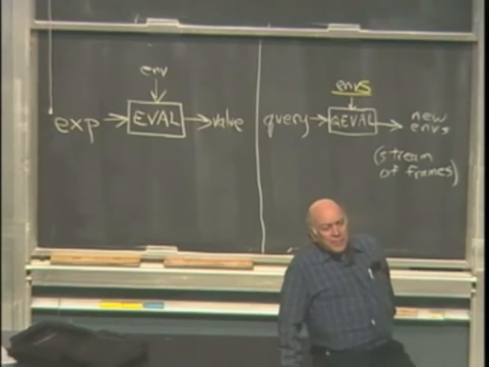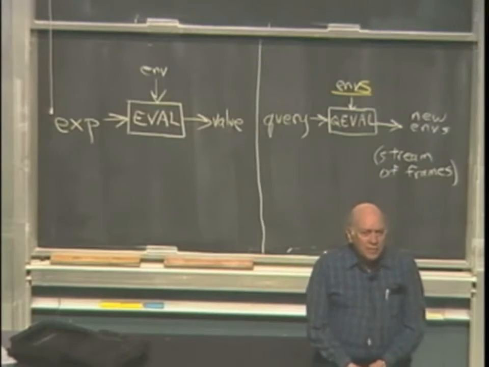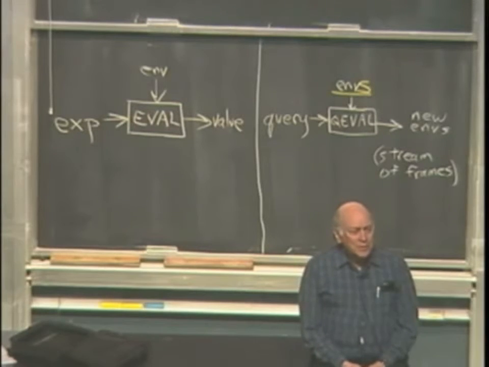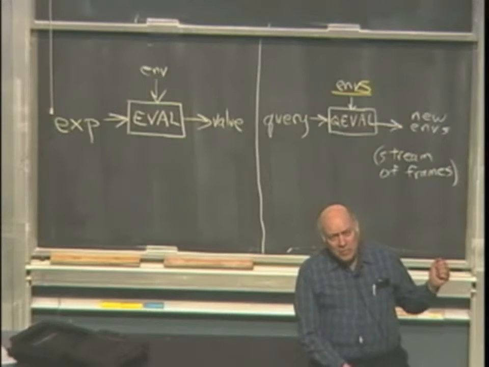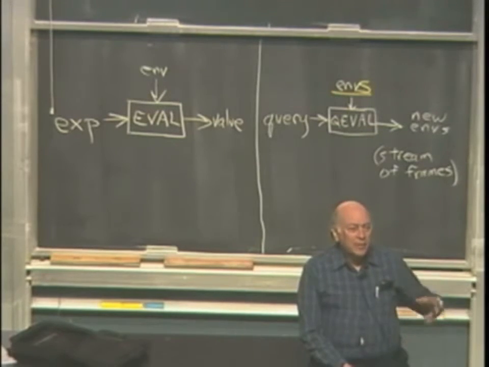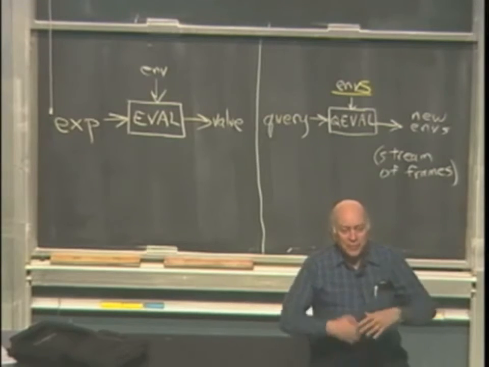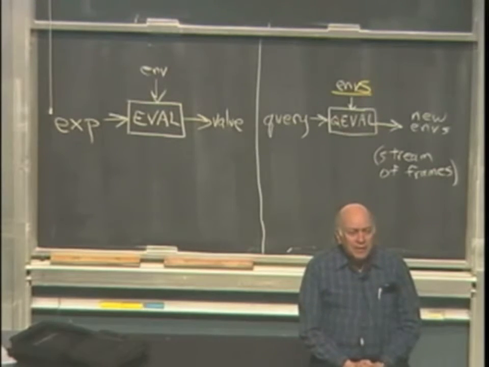The second thing that can happen is we can do what I just said more than once. We can take the same input frame and produce several, many, maybe infinitely many, output frames. Why is that? Because in order to get from the input frame to whatever output we need, what QEval does is it tries all the assertions and all the rules to see if they match the query that you're making.